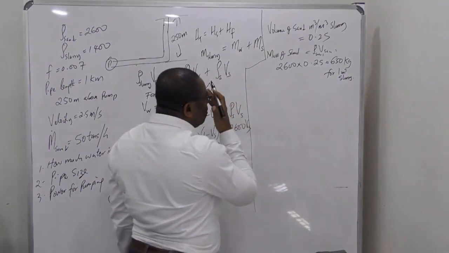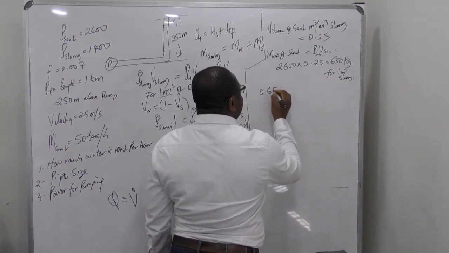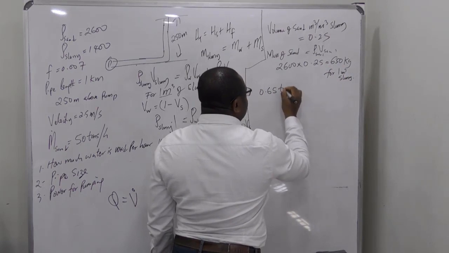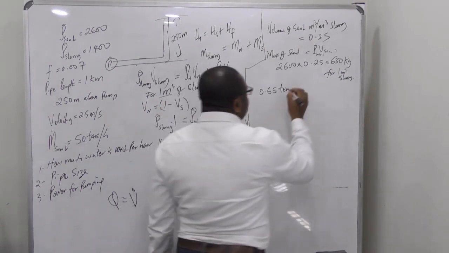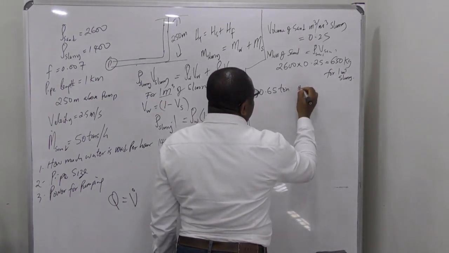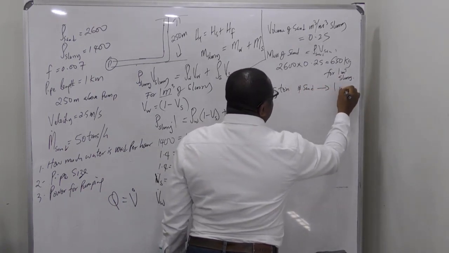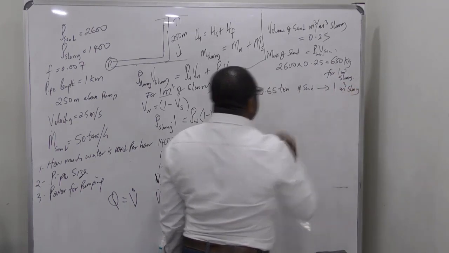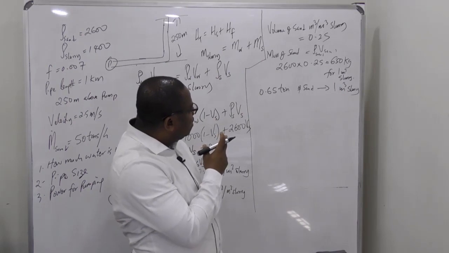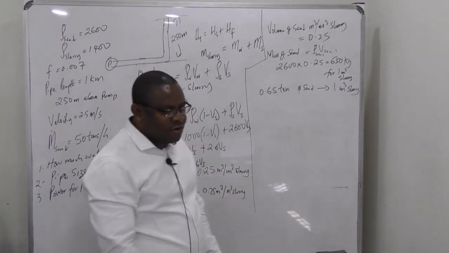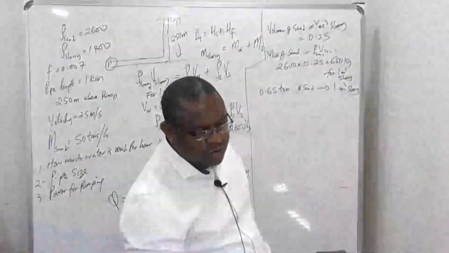So what we are going to do is, you say, okay, 0.65 tons of sand, this is divided by 1,000 just to make it in tons, is how much you can deliver when you have 1 meter cube slurry. If you have 1 meter cube slurry, you should be able to deliver 0.65 tons. But from our equation, we want to deliver about 50 tons.